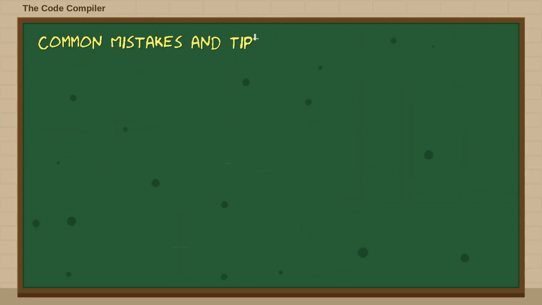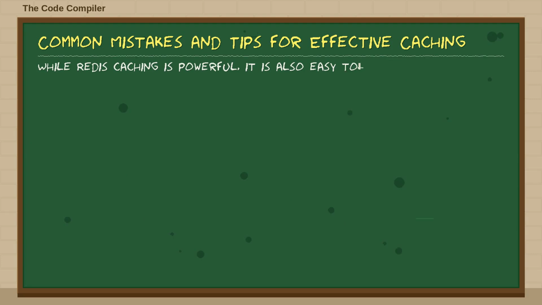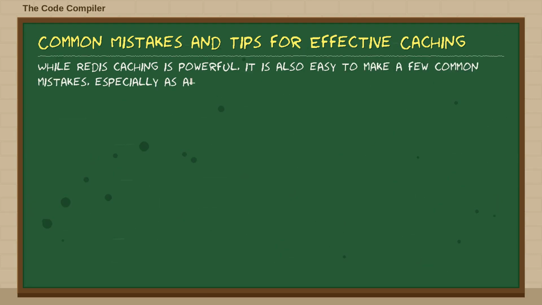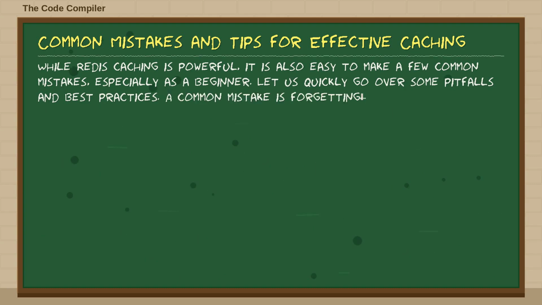While Redis caching is powerful, it is also easy to make a few common mistakes, especially as a beginner. Let us quickly go over some pitfalls and best practices. A common mistake is forgetting to add the @EnableCaching annotation to your main application class.